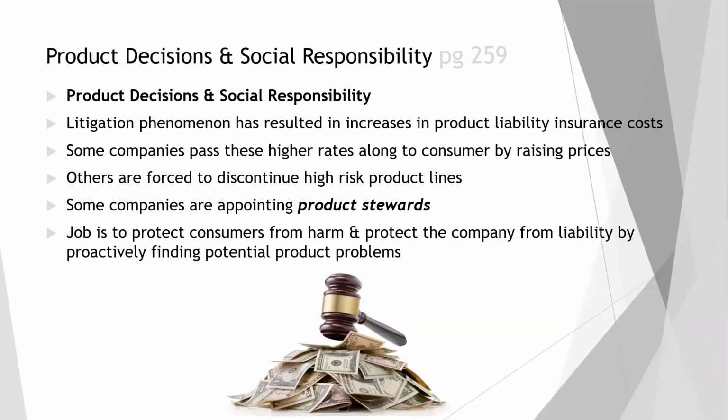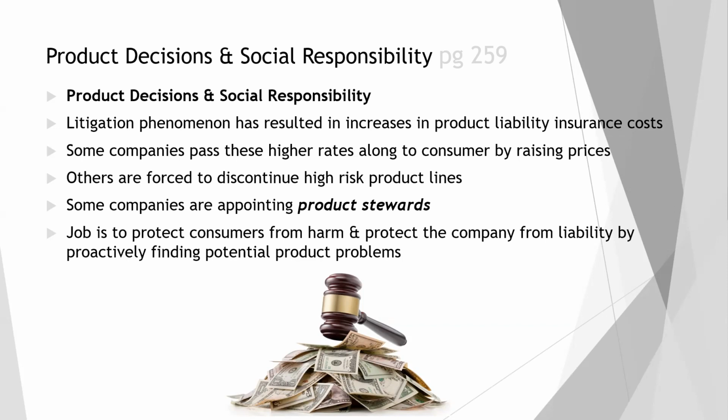The litigation phenomenon has resulted in increases in product liability insurance costs. A lot of companies have to take out special insurance to protect themselves against this. Some companies are going to pass these higher rates along to consumers by inevitably raising prices. Others are forced to discontinue very high-risk product lines because it just doesn't make economic sense.